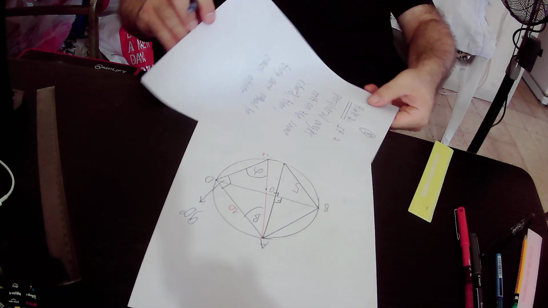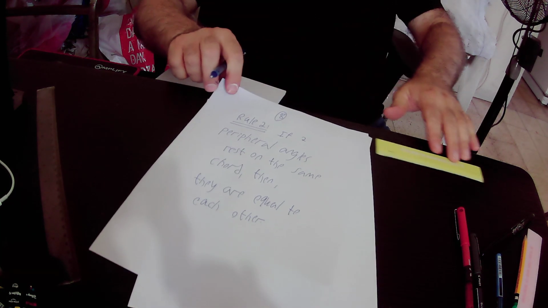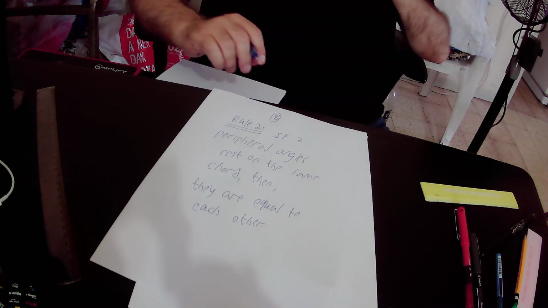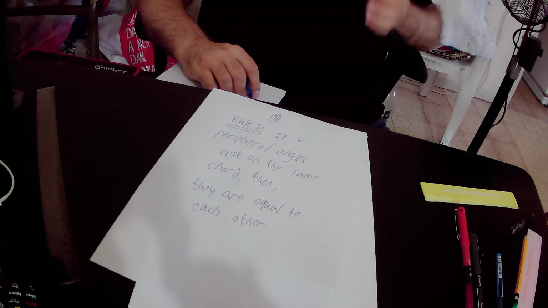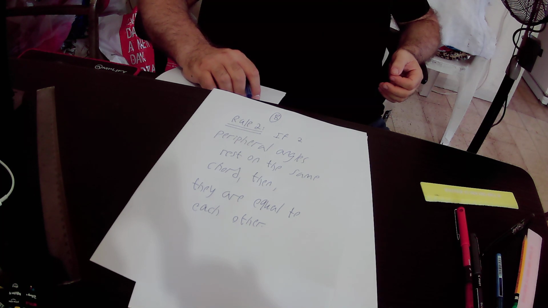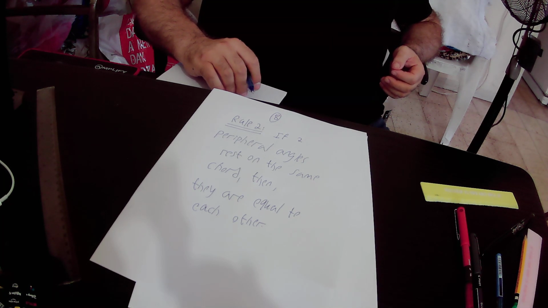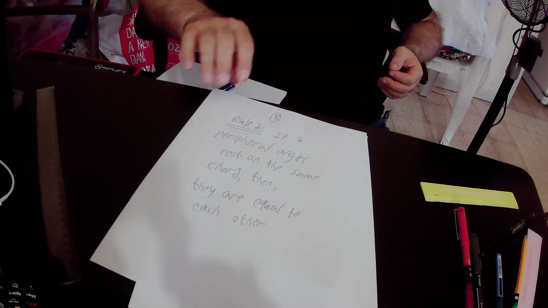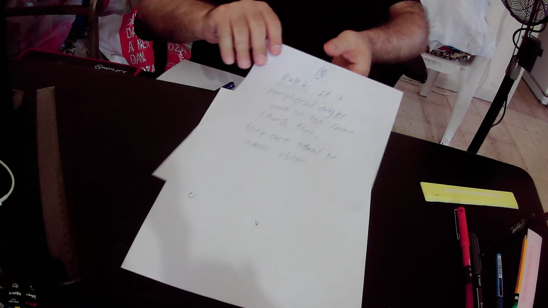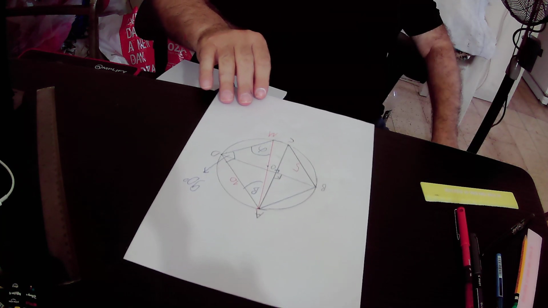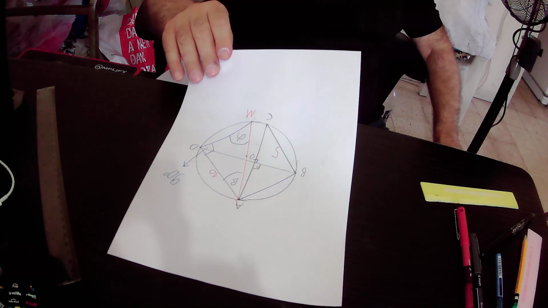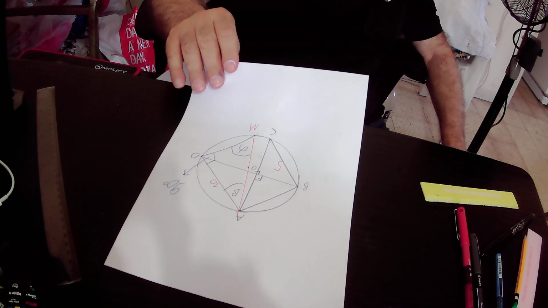I will read rule number 2 again. Rule number 2 states that if two peripheral angles rest on the same chord, then they are equal to each other. So I will give you an example of two peripheral angles that rest on the same chord in order to clarify rule number 2.